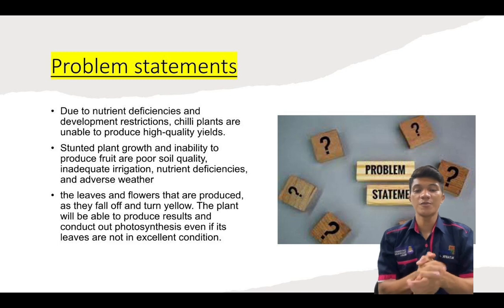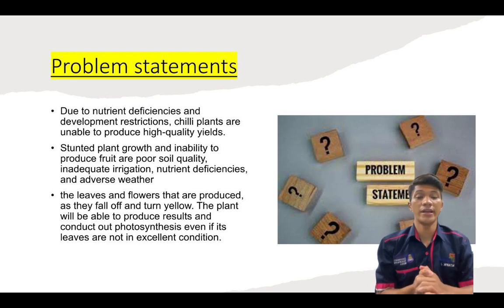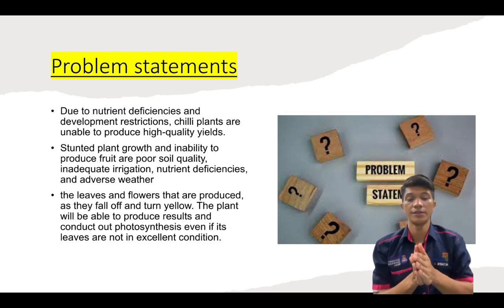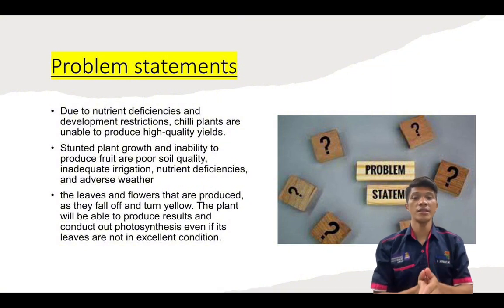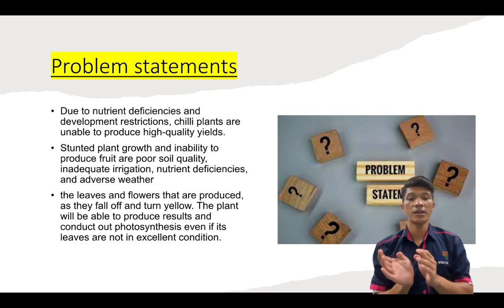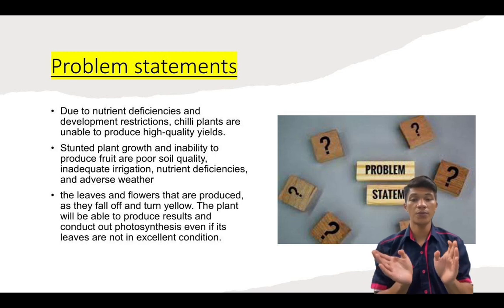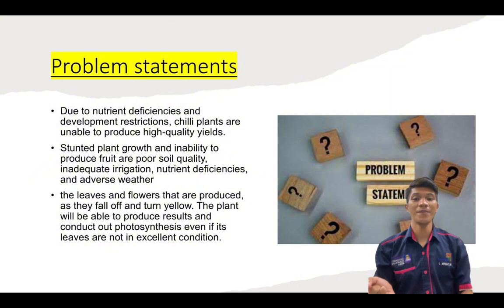Alright, let's move to the next, which is the problem statement. Due to nutrient deficiency and development restriction, chili plants are unable to produce high quality yield. Secondly, there is stunted plant growth and inability to produce fruit due to poor soil quality, inadequate irrigation, nutrient deficiency and adverse weather.